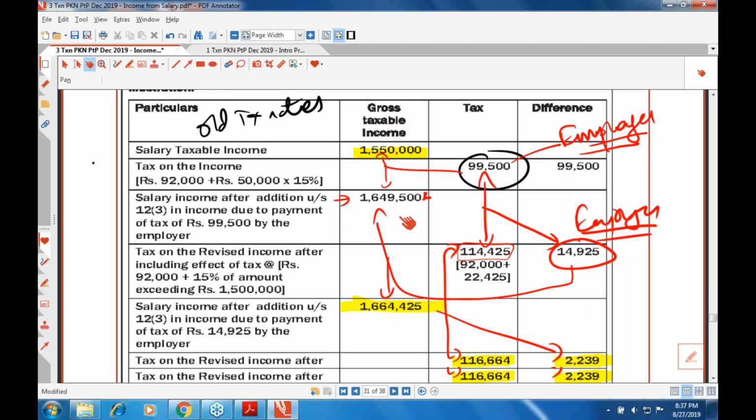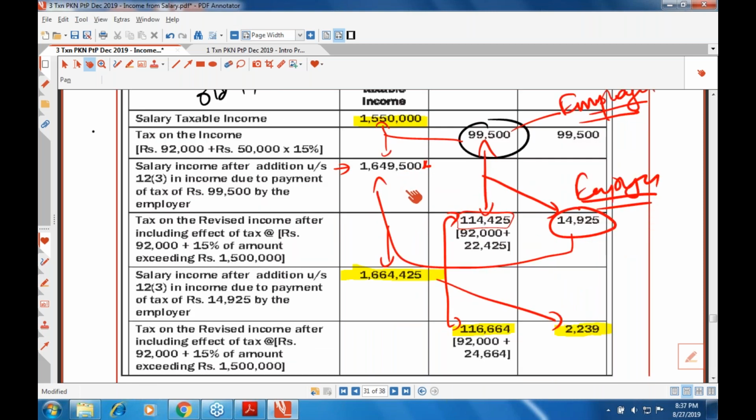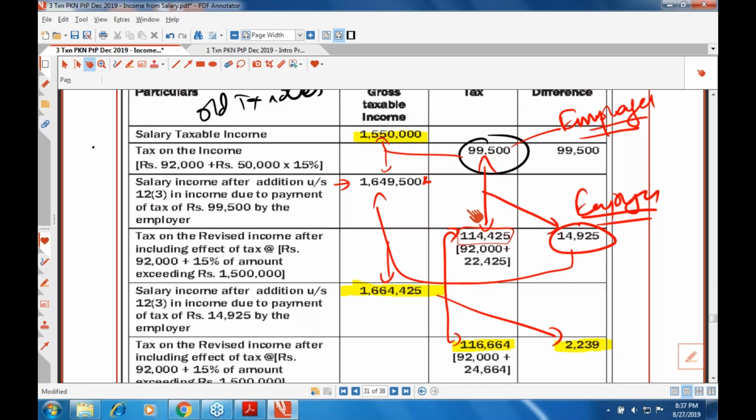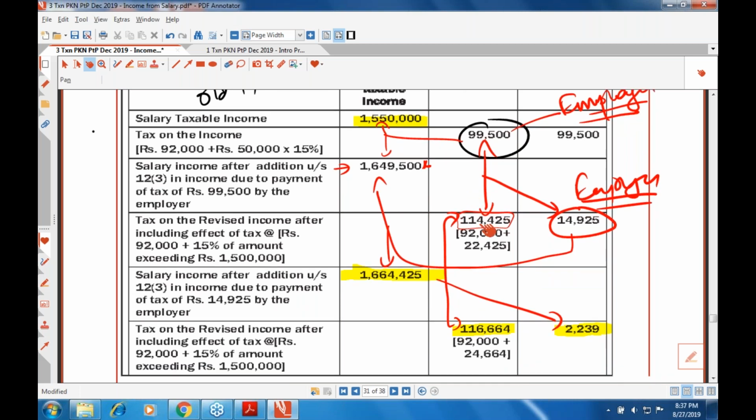Now, if his salary is now this, what is the amount of tax that he is required to pay on this salary? We have taken an assumption based on the old tax rates. 114,000 is the total tax liability. Now, the problem is that out of this 114,000, 99,500 has already been settled to the government.